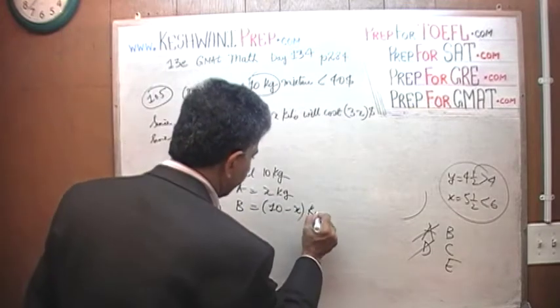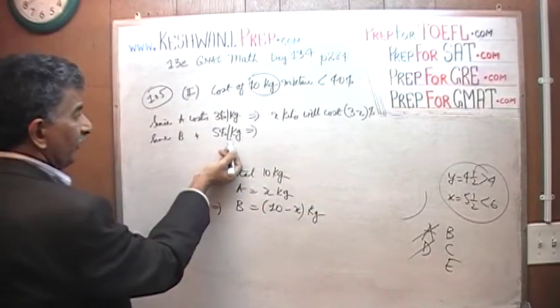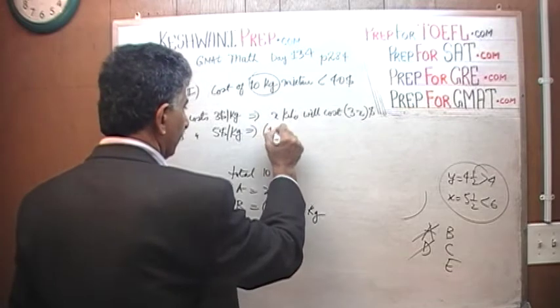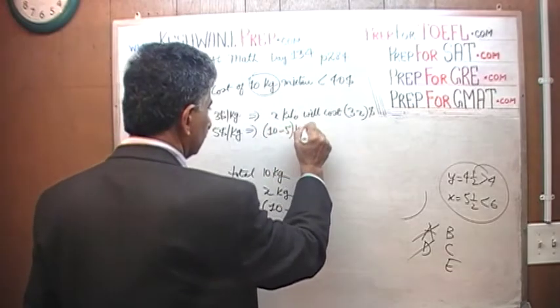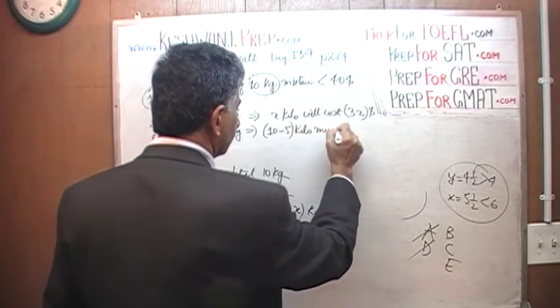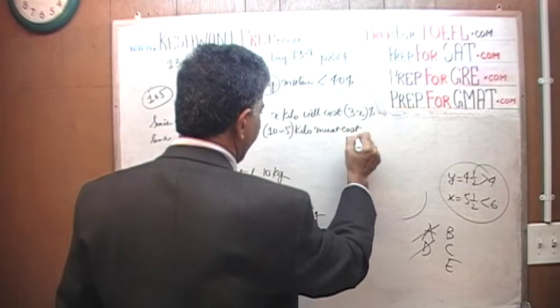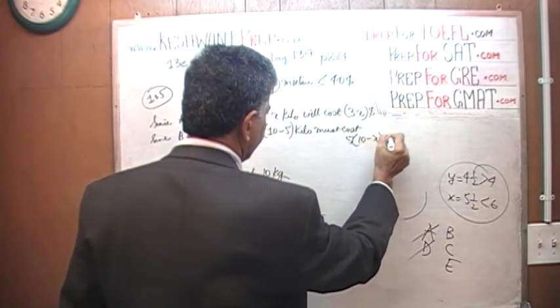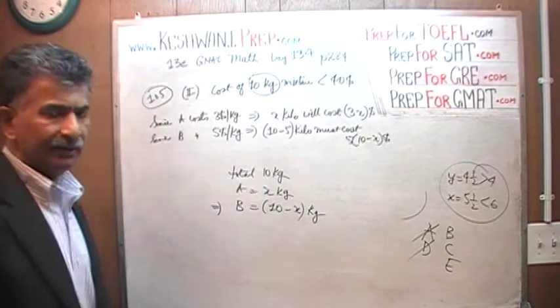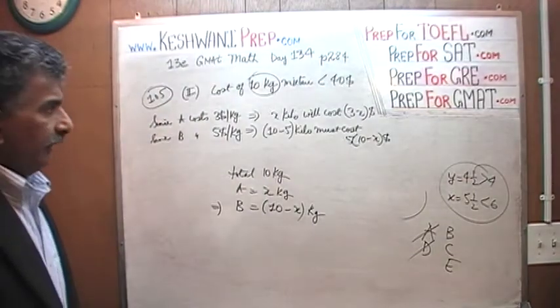Therefore, since B costs $5 per kilo, 10 minus x kilos must cost 5 times that amount, 5 times 10 minus x dollars. That's it, we're almost done.